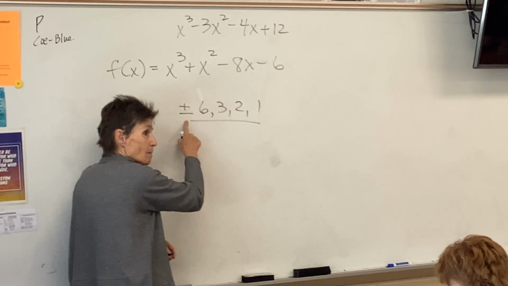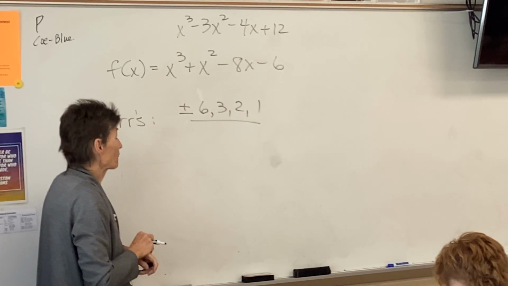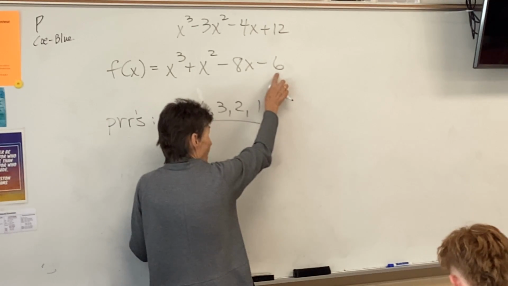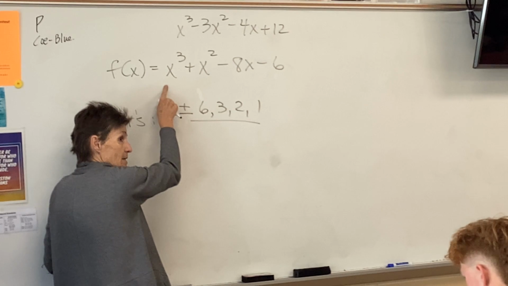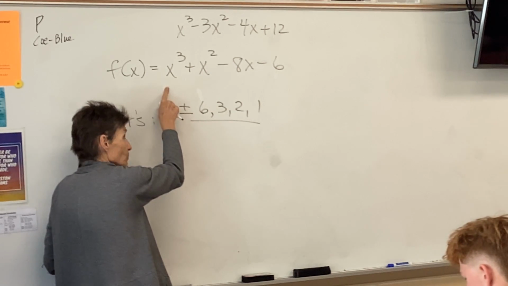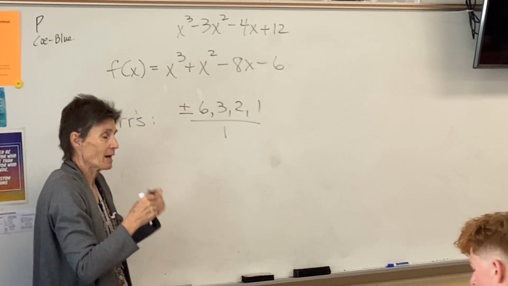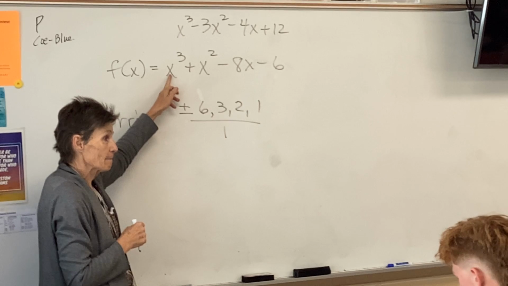And it's always plus or minus, always positive or negative. So it's factors of the constant over factors of the leading coefficient, which in this case is just one, so you don't even need to write it down, but I will to remind you.